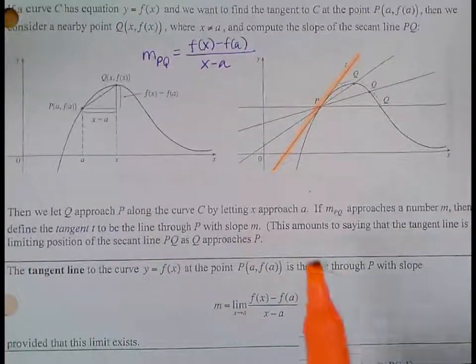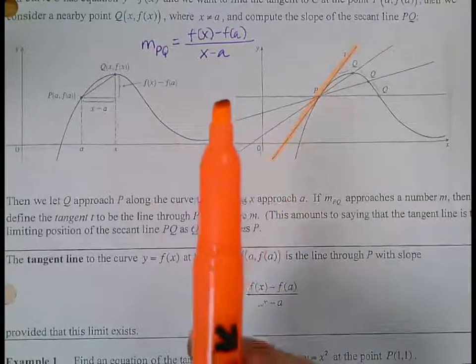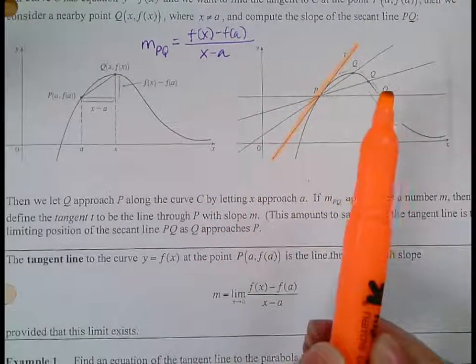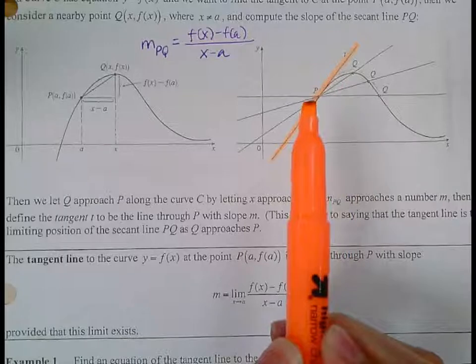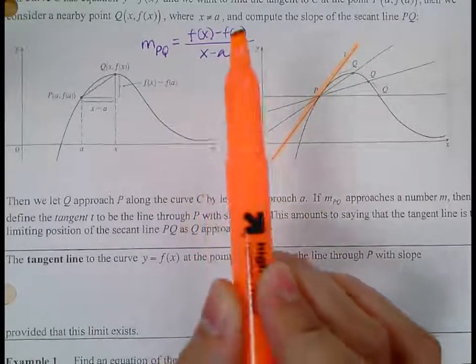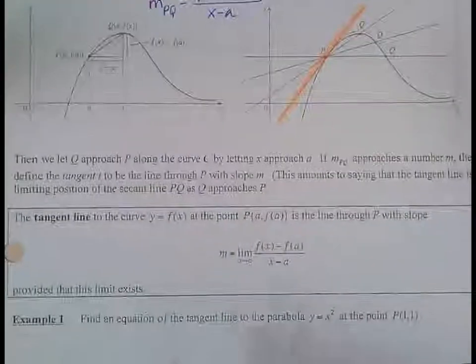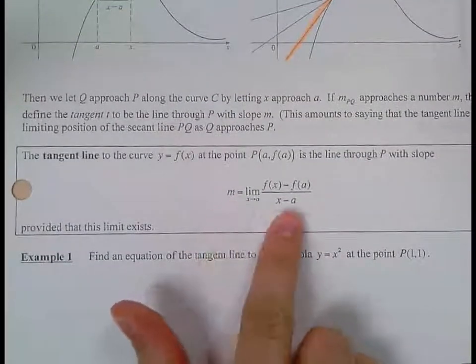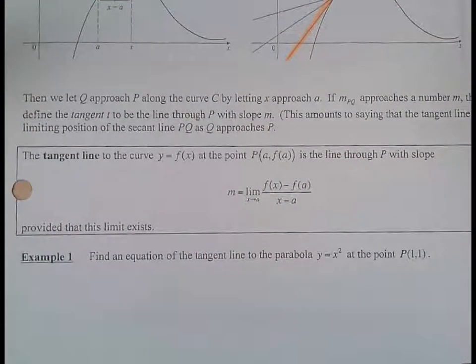So because the slope of a tangent line is then considered a limit as your x values from point Q approach the x value of P, which is A, and these are all the slopes of your secant lines, we then have this definition of a limit we can use to find the slope of any tangent line to any curve.